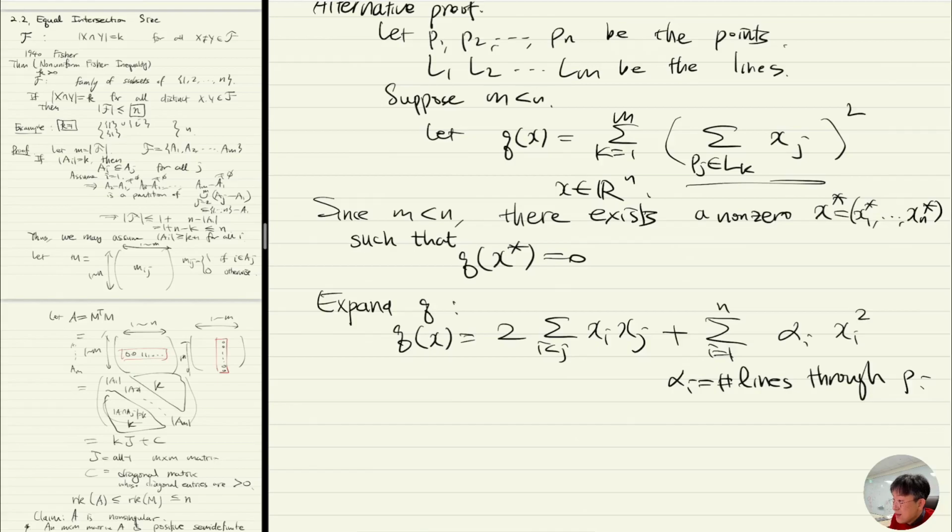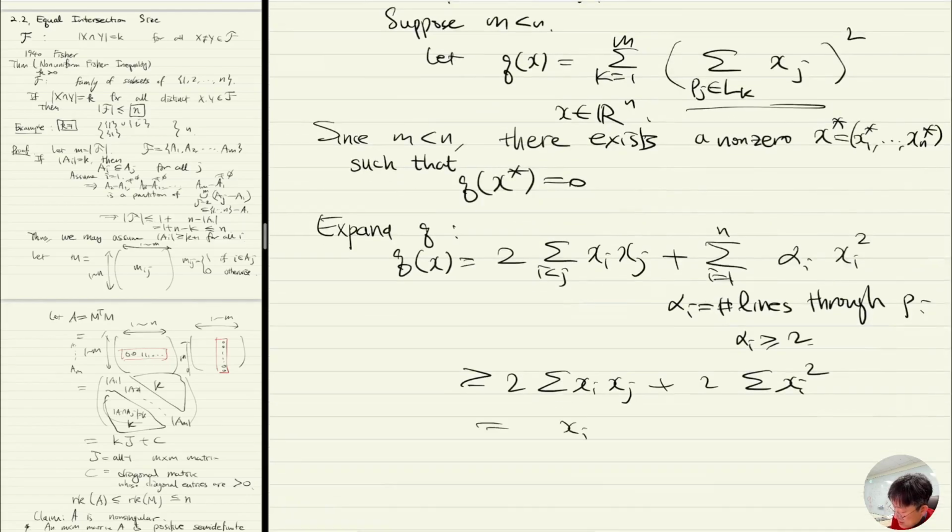All right. And alpha_i is at least 2, because not all of them are on one line. So I'm replacing it by 2. So this is a sum of x_i squared plus a sum of x_i squared.